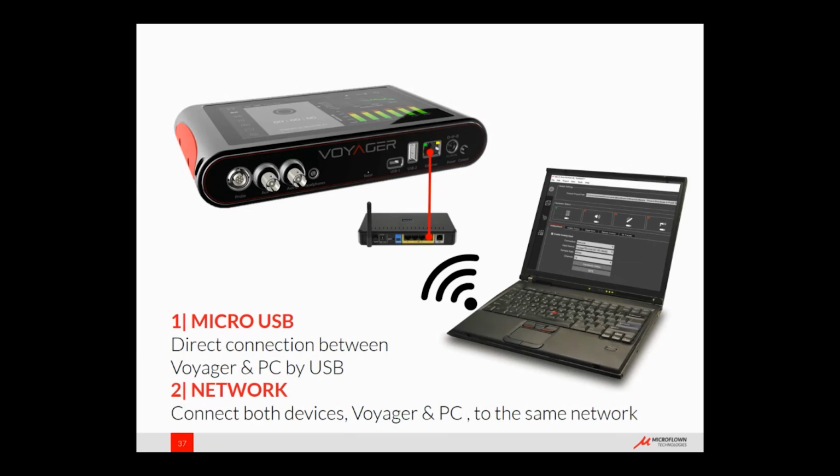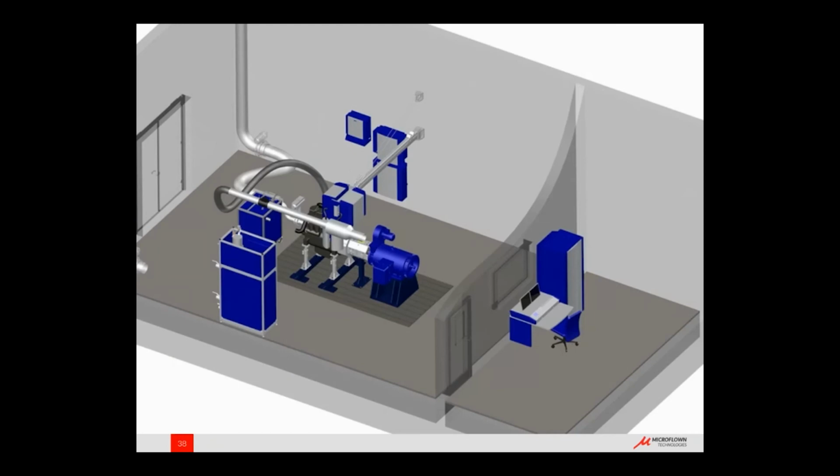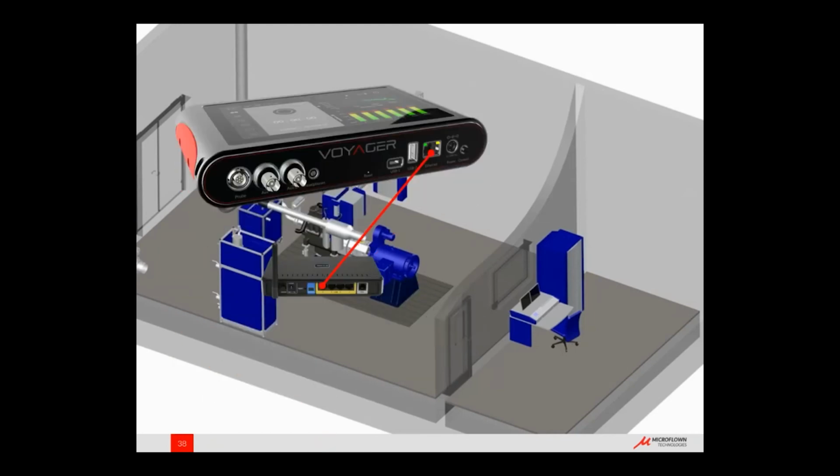Then we can use it as the acquisition as long as both the Voyager and computer are connected to the same network. The nice thing that it enables is that it also can be in separate rooms. So if I would open other software, probably I could find some Voyagers here around the Microflown office that are connected to the network.